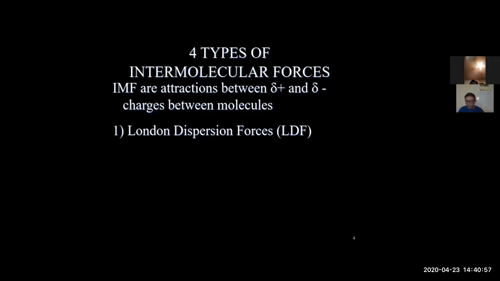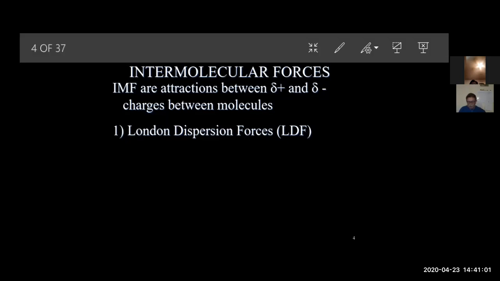There was another one I said earlier, to refresh your memory: the bond between carbon and hydrogen. Though we have 2 different atoms here, the electronegativity of these two is pretty much the same.